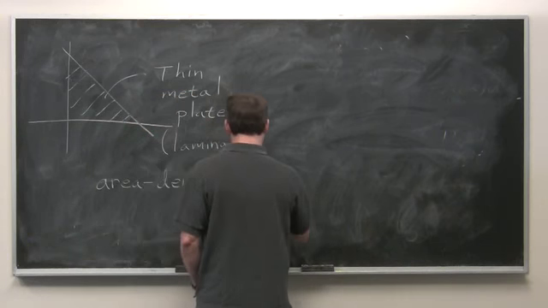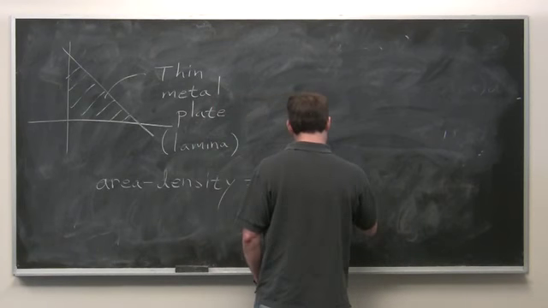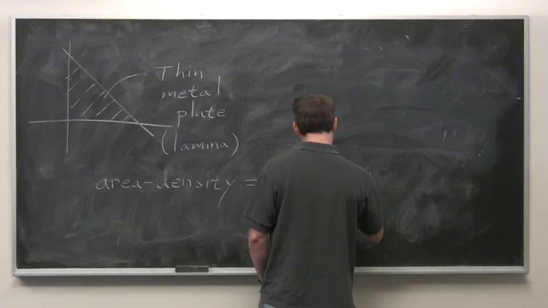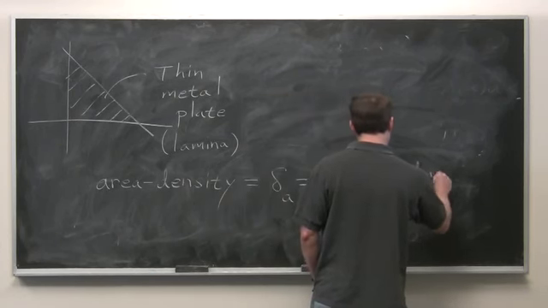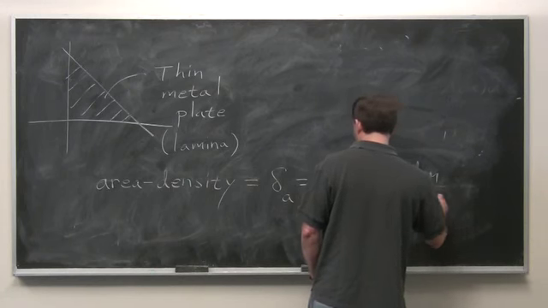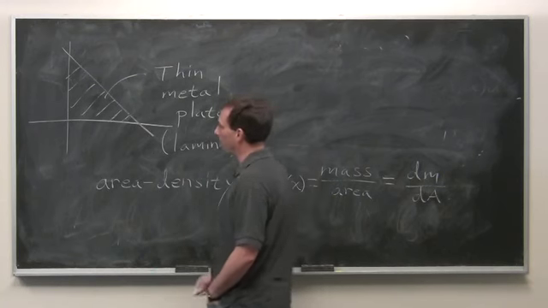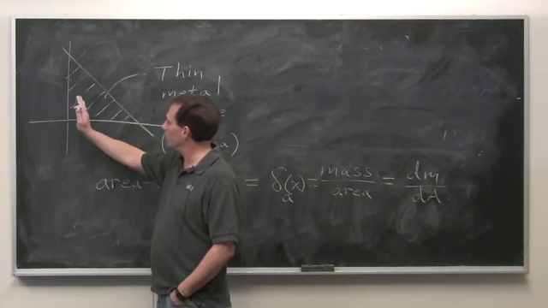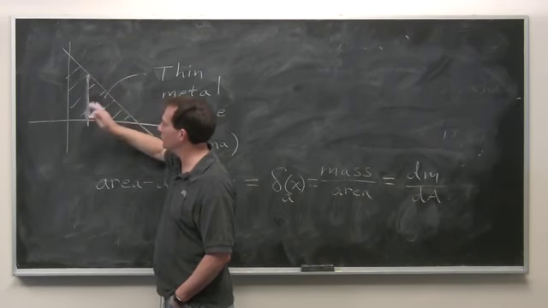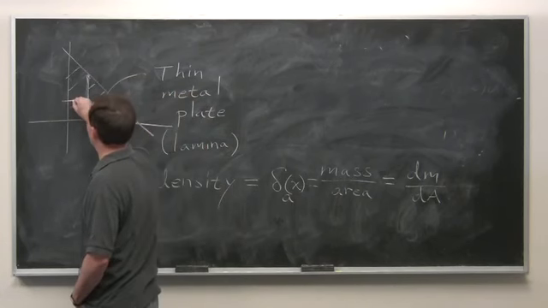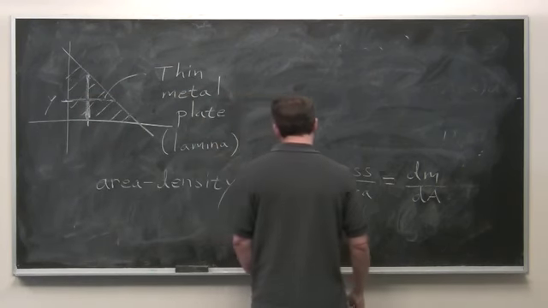And area density, which I'll write as delta sub A, is mass per area. But of course, we mean this infinitesimally, so we'll have dm dA. And we'll need it as a function of a single variable. So in this kind of problem, we would have to assume that either we're doing things in terms of x, and the density is constant in each x cross-section, or that we're looking at this in terms of y, and the density is constant in each y cross-section.